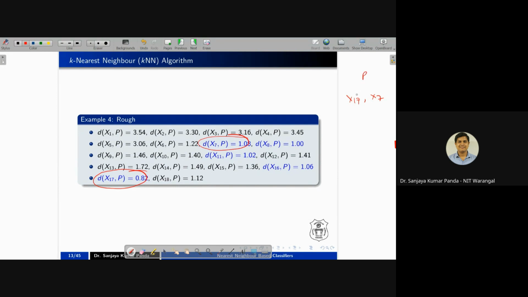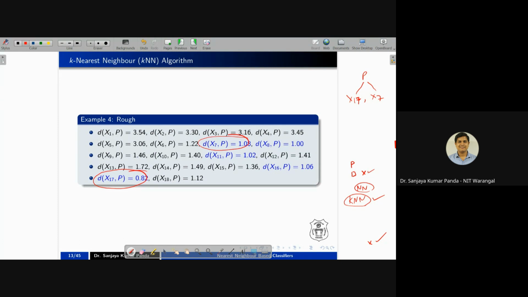X17 is close to P, X7 is also close to P, so X7 is equally impacting P, which is not good for selecting a particular class level. If somebody is very close to P and somebody is very far away from P, but the importance of these two is the same, that is not correct. So that is the major drawback of the KNN algorithm. KNN has so many advantages over NN, but when you go for KNN, this type of problem is going to come.